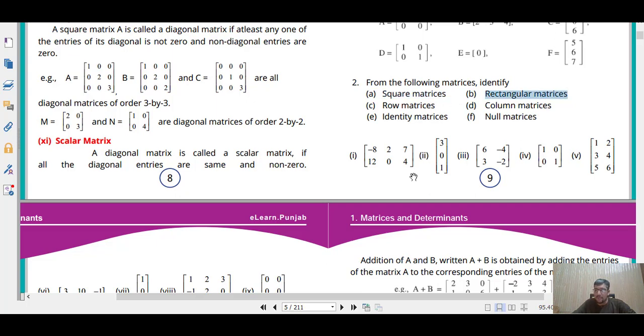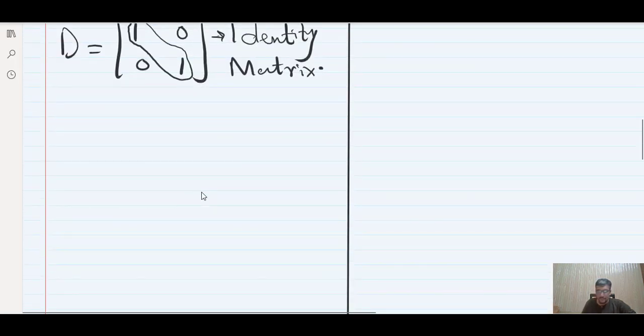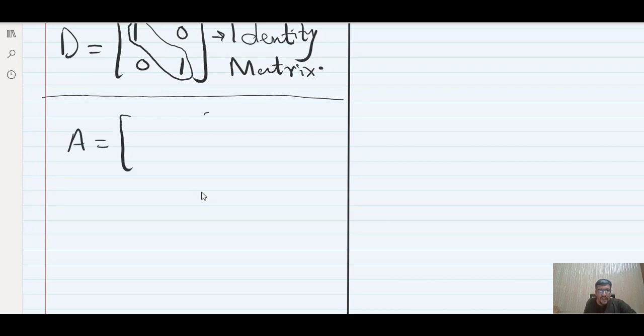So with the help of one example, I am going to explain to you about square matrix and rectangular matrix. So till here we have done question number 1. Suppose I have one matrix A and all the entries are non-zero, or if any of the entry is 0, for example, I take 0, 3, -1, 2.